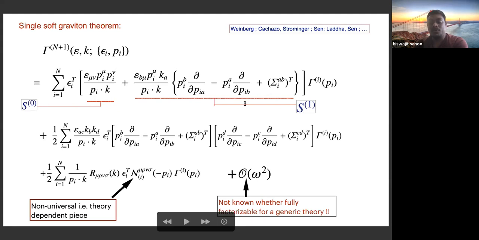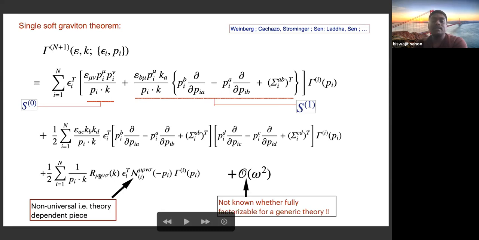Similarly, if one tries to analyze this up to sub-subleading order, it turns out that in the sub-subleading order there is a universal piece, but with it one non-universal piece appears, which means a theory dependent piece. And this is very easy to understand. When you covariantize the action of the finite energy particles in the soft graviton background, since the Riemann tensor is gauge invariant, you can always couple the Riemann tensor in an arbitrary way to the finite energy particles.